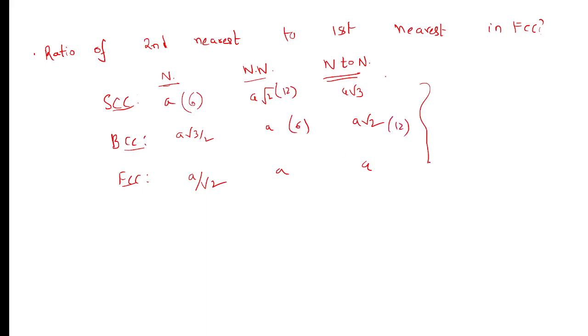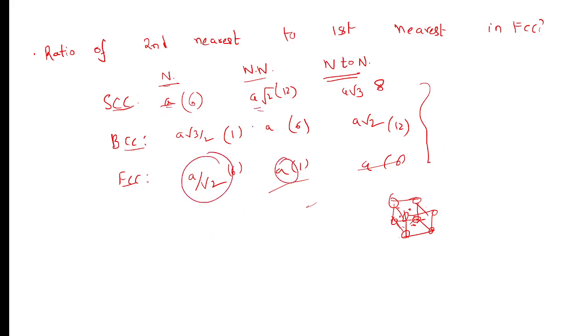You might take a note in a separate manner. Our main intention here is knowing this thing and this thing, the ratio of this. So the second nearest is A divided by A by root 2, which is root 2. Simple.